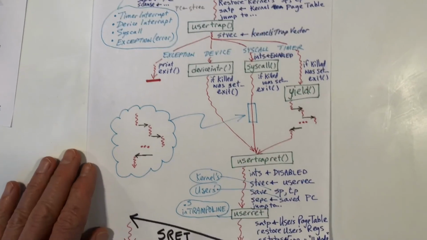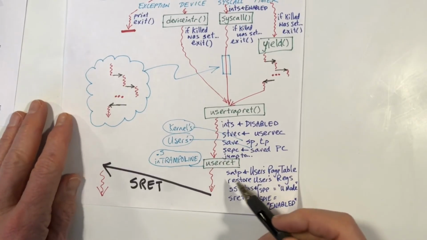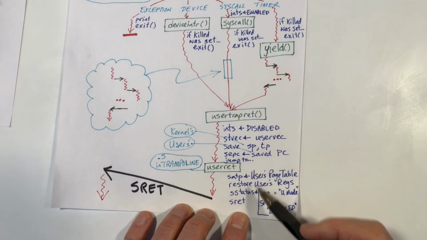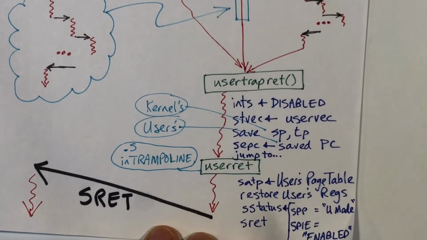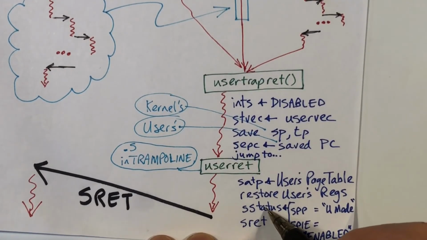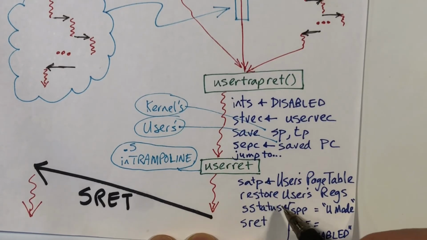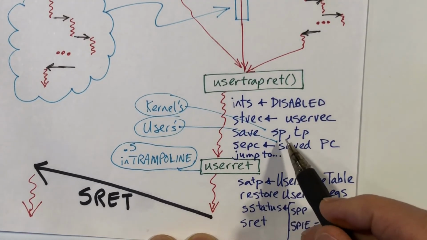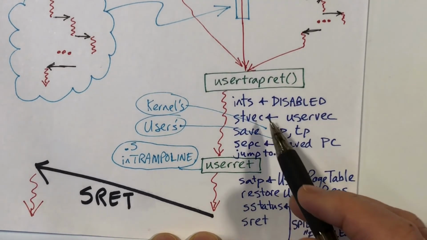So wrapping it up and going back to the image I call the roadmap. So we're down here. I just want to make a note about this. I did things in the order that I thought made logical sense. The S status register was actually preloaded up in user trapret. But in any case, you can see what we've done.